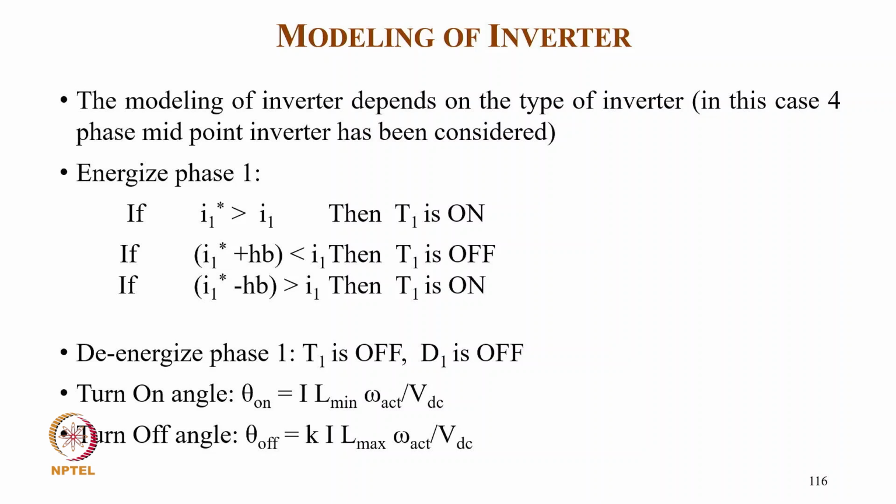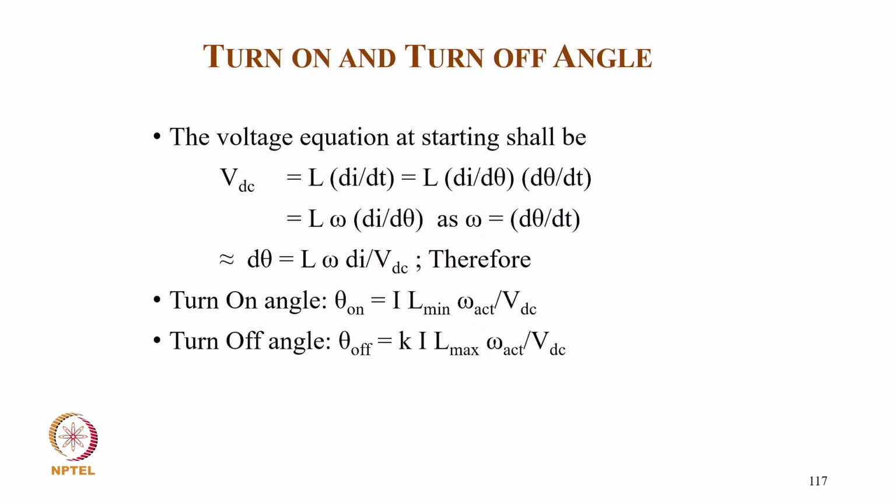The turn-on angle is L minimum times ω actual divided by VDC, and the turn-off angle is K·I·L max times ω upon VDC. The voltage equation will be VDC = L di/dt + i dL/dθ · dθ/dt = L di/dθ · ω, as ω = dθ/dt.